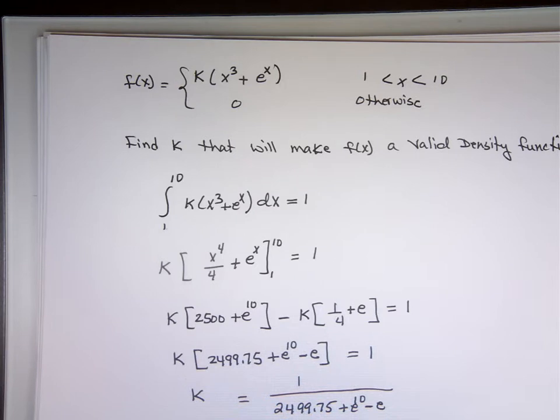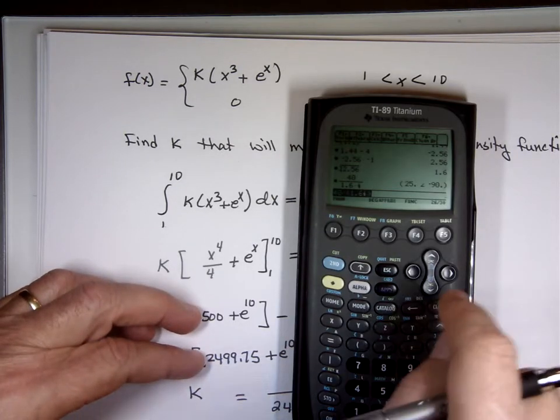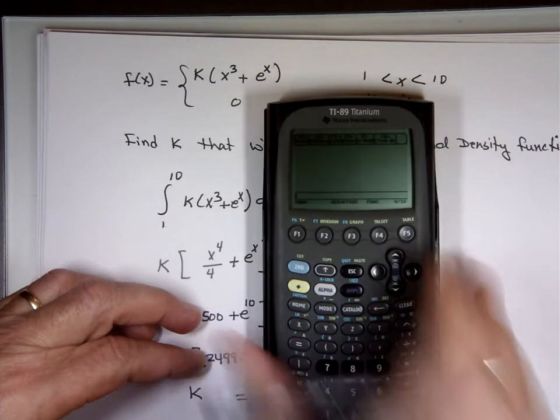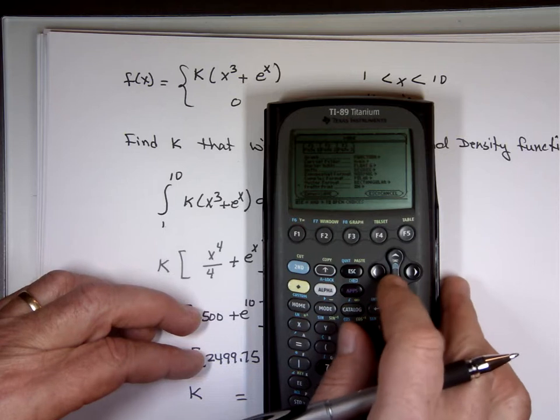Boom, right there. The good news is, that's where my calculator comes in handy, the TI-89. You want exact answer or you want approximation? Approximate. So you go to mode first, and you make sure you are in approximation mode.